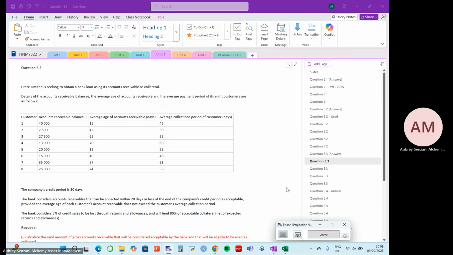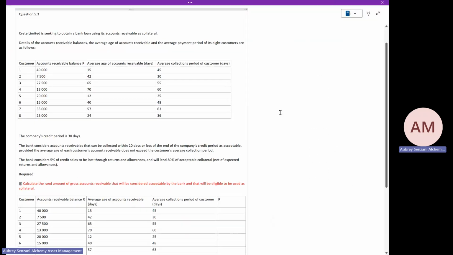What are they saying here? Under the required, they are saying calculate the rand amount of gross accounts receivable that will be considered acceptable by the bank and that will be eligible to be used as collateral. Okay.